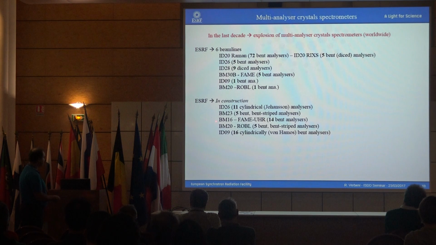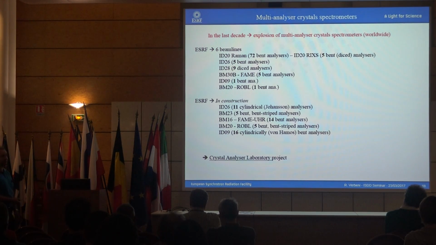We also have another pretty big spectrometer on a new beamline with 4 band analyzers. And we have another spectrometer in construction on ID99 with 60 cylindrical band analyzers called bananas. So this explains the reason why the ESRF has made this enormous effort to put everything together and to build this crystal analyzer project.